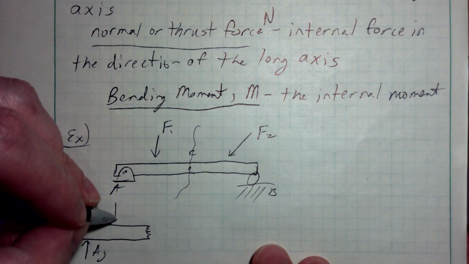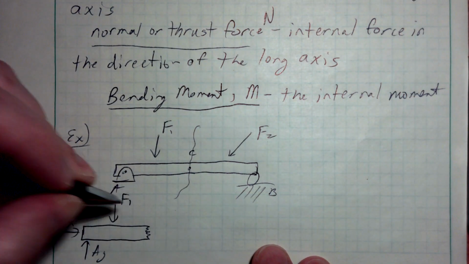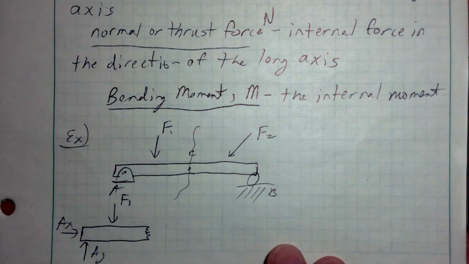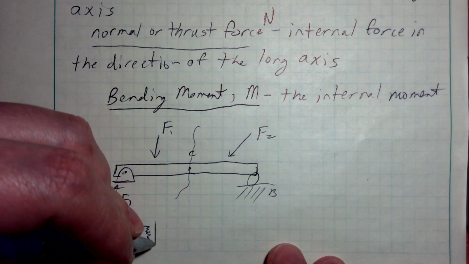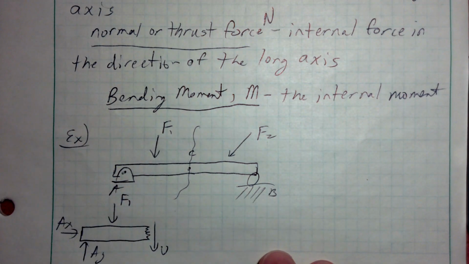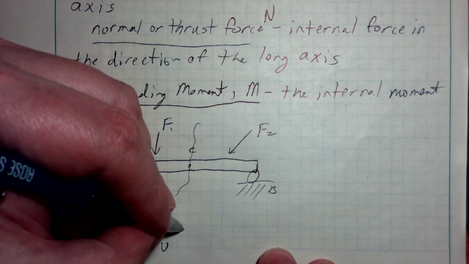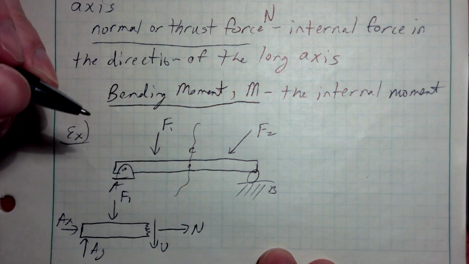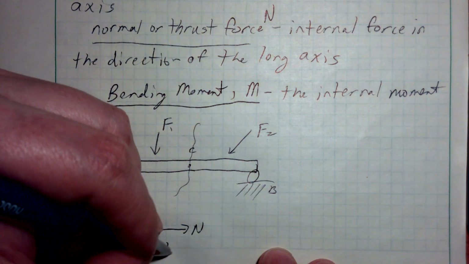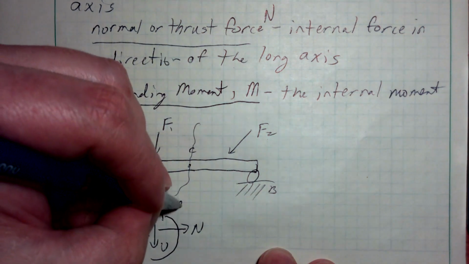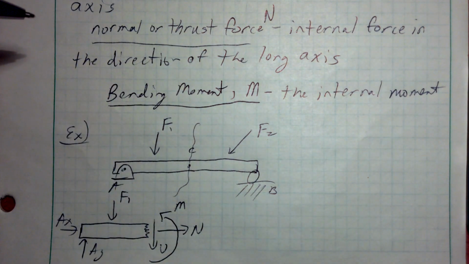I would have F1, because F1 is included on this left-hand side of the cut. And right here at the cut, I have now exposed a shear perpendicular to the beam, a normal or a thrust parallel to the long axis of the beam, and a counterclockwise bending moment, M.